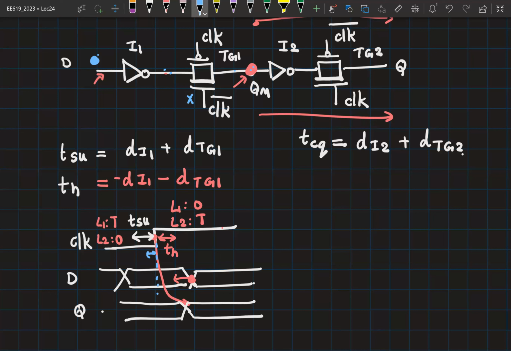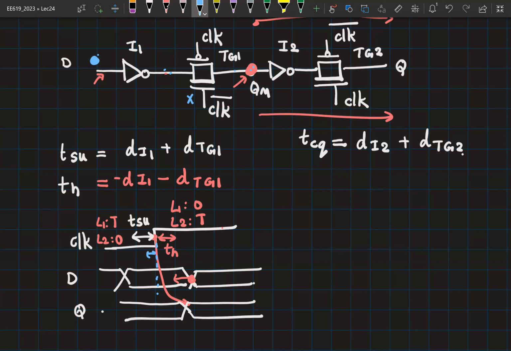Okay. So once the clock becomes 1, we are assuming that this turns off. So the data can change even before the clock becomes 1. Let's say the data changes sometime here.